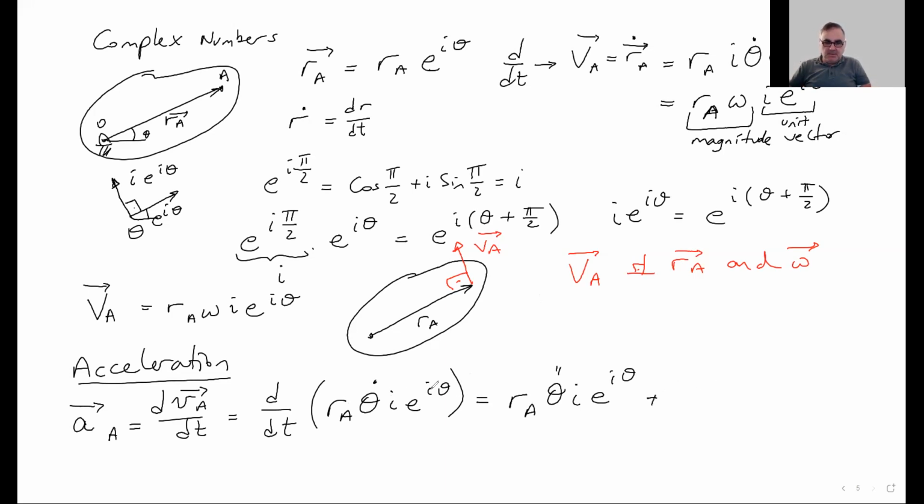Plus, well, we have another, i doesn't have a derivative. The derivative of e to the i theta is i theta dot e to the i theta, so you get something like this: RA theta dot i times i theta dot e to the i theta.